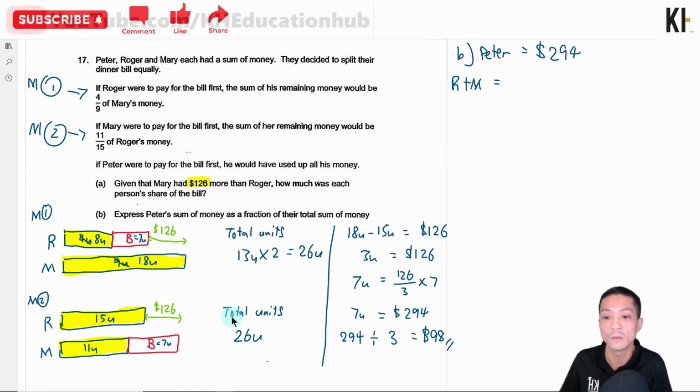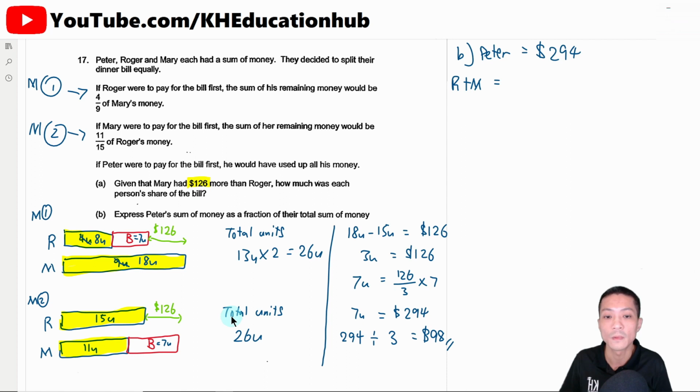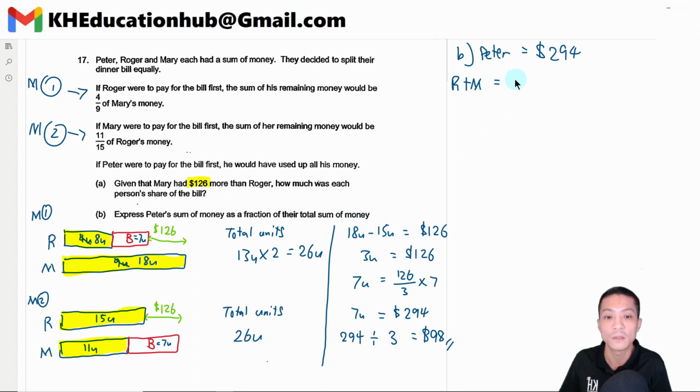Right? Oh, no. Roger is 18 plus 15 units, which is equal to 33 units.